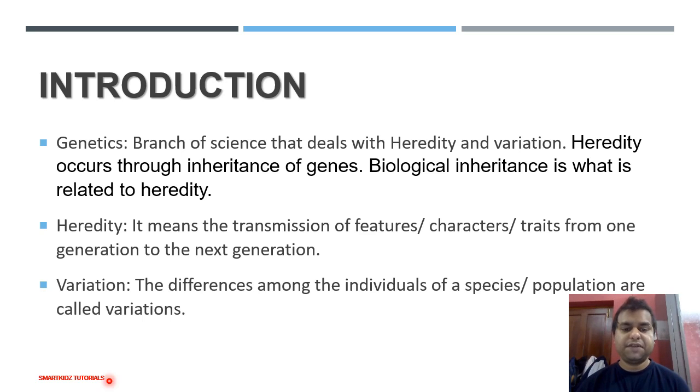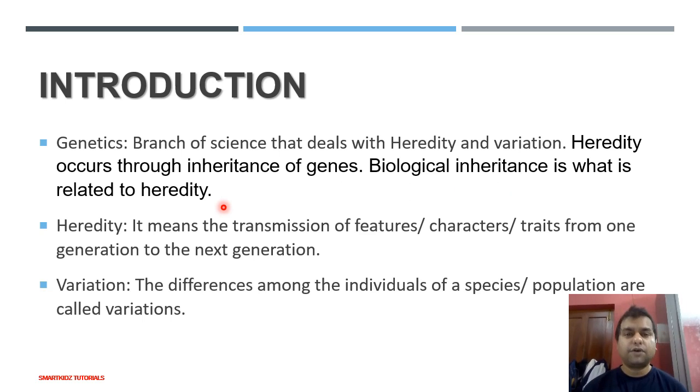Coming to the definitions, genetics is a branch of science that deals with heredity and variation, and heredity occurs through inheritance of genes. We'll learn about what genes are as we proceed along. Right now, we just need to know the definition of these terms. Biological inheritance is what relates to heredity.